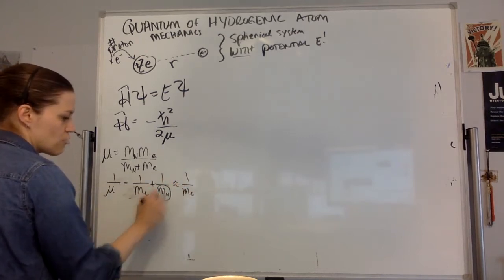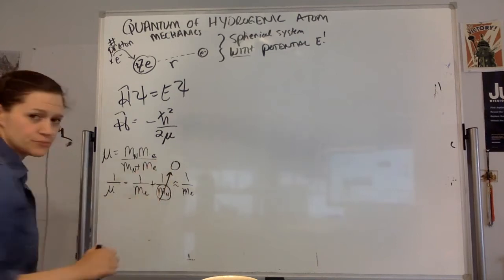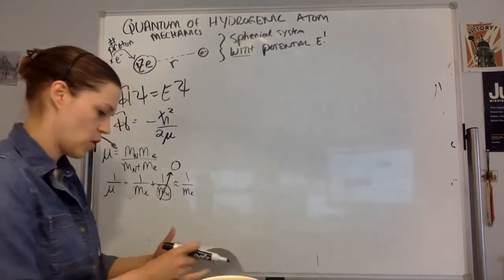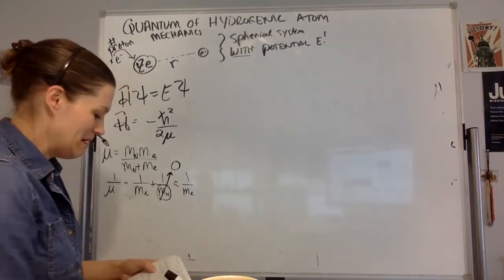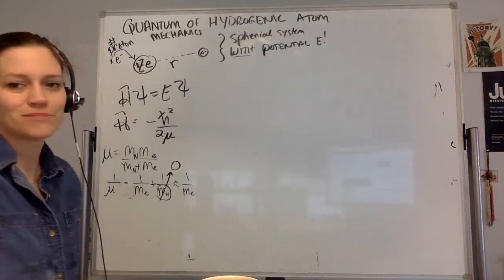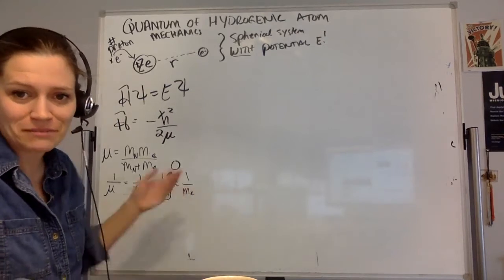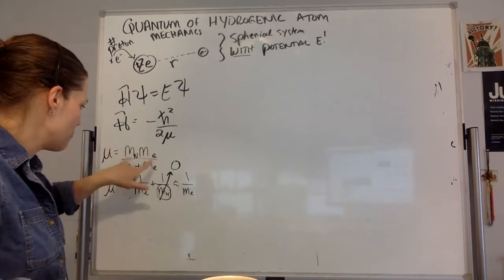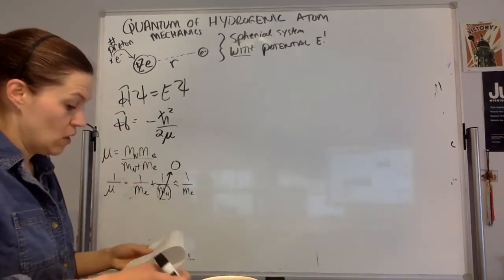Because the nucleus is so massive, 1 over its mass is practically 0 in comparison. Ask yourself why that is. Not the difference in the mass of the electron and nucleus, but how you got from this point to this point.